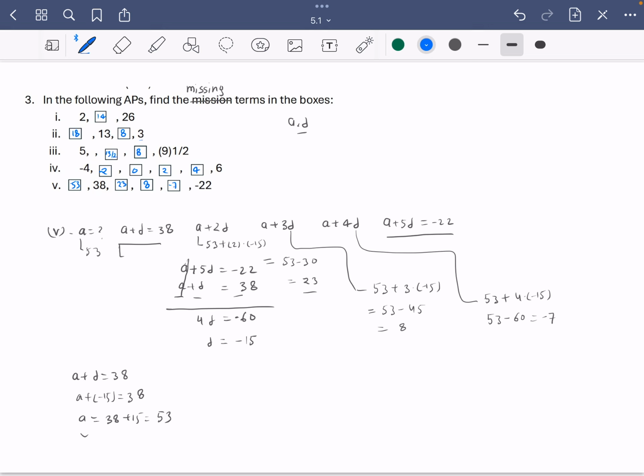And you can see that the common difference is 15. So 53 minus 15, 38, 38 minus 15, 23, 23 minus 15, 8, 8 minus 15, negative 7, negative 7 minus 15 is negative 22. So that's what the AP is.